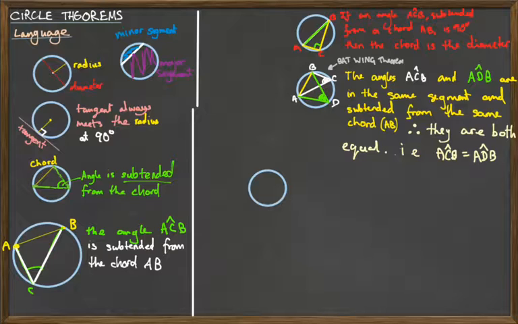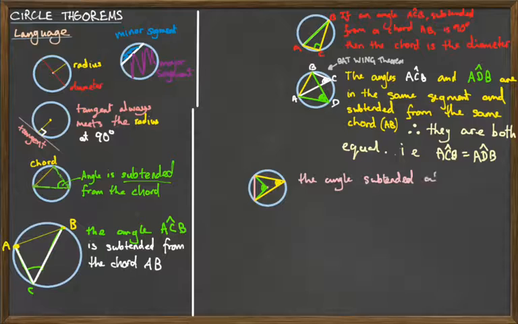Your third circle theorem. So, what I've done here is the green angle there is an angle subtended from the chord at the centre. Okay, so it's just subtended at the centre. The yellow angle is subtended from the same chord, but it is at the circumference. Okay?